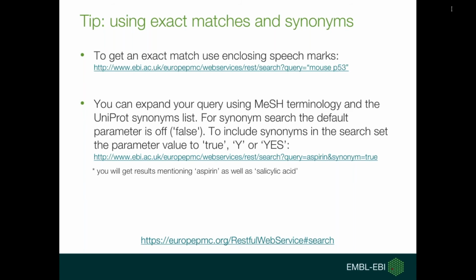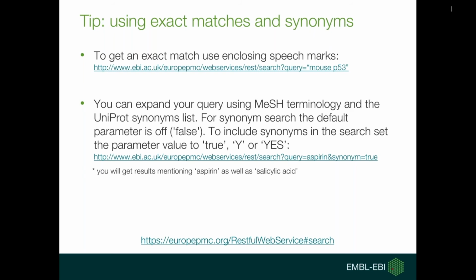For example, here, when we search for mouse P53, we will only get results that have both words separated by space in the same sentence. If the paper mentions mouse in the methods section and P53 in the introduction, it will not be included in our search results.